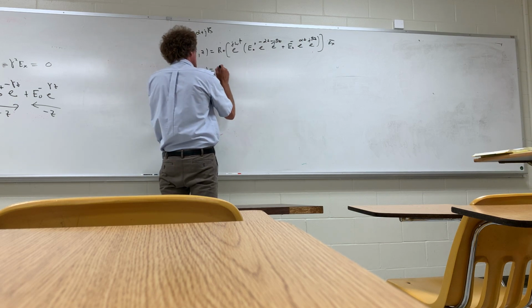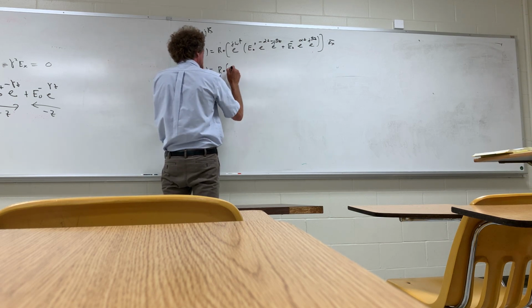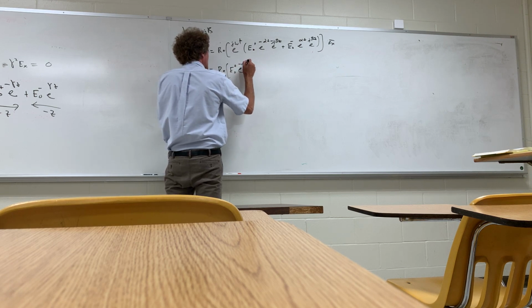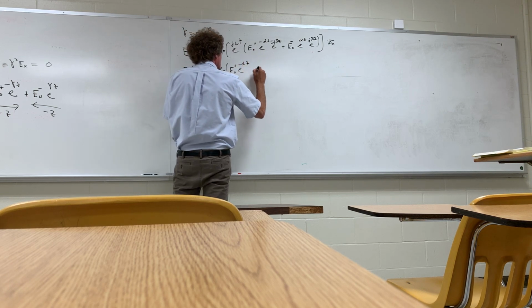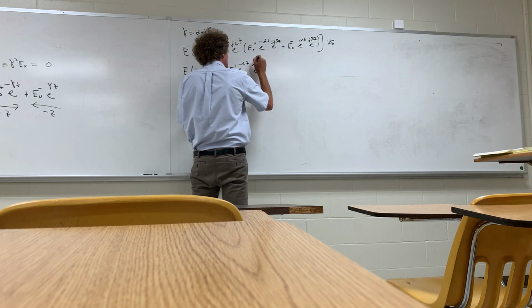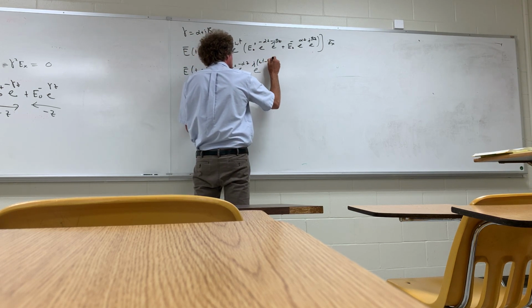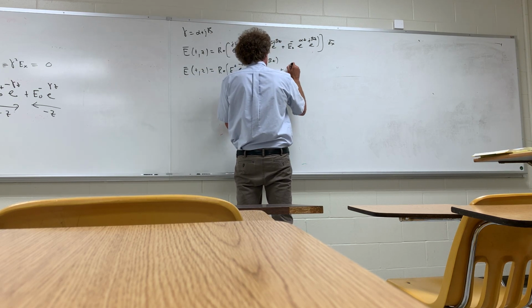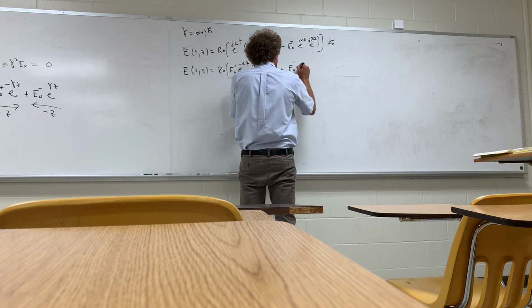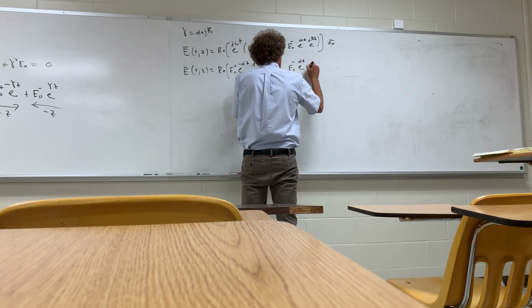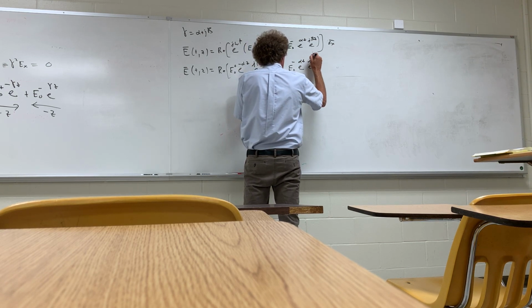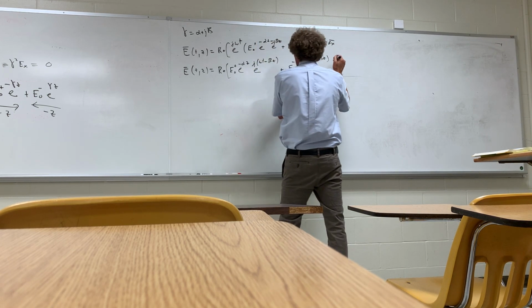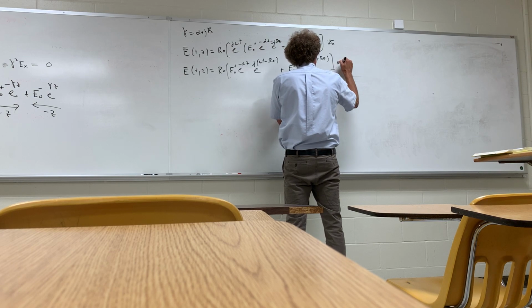So now I have the real part of E naught plus E to the minus alpha z, and then I have E to the j quantity omega t minus beta z here, plus E naught minus E to the alpha z, E to the plus j quantity omega t plus beta z, and it is in the AX direction.